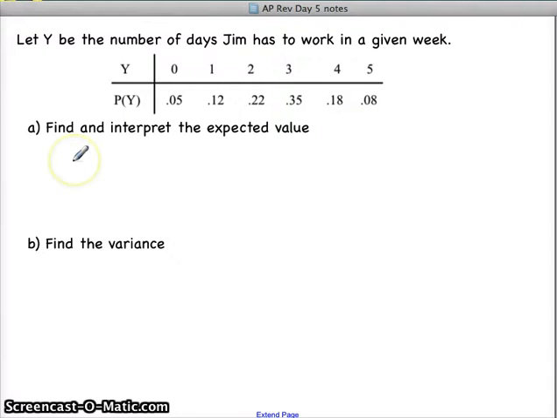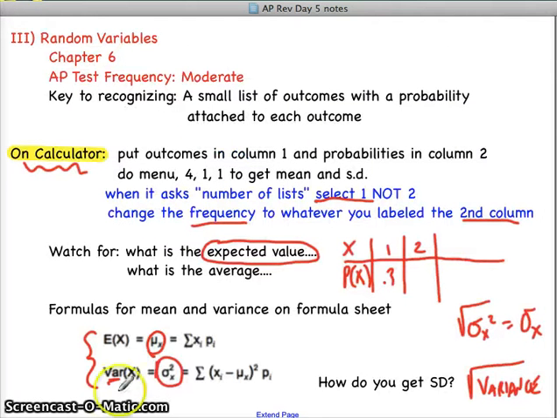Okay, so if you're doing a problem on the AP test and it's asking you for the expected value, don't just write 2.73. You got to at least write the formula out. So go back a page. Here's your formula, the expected value.